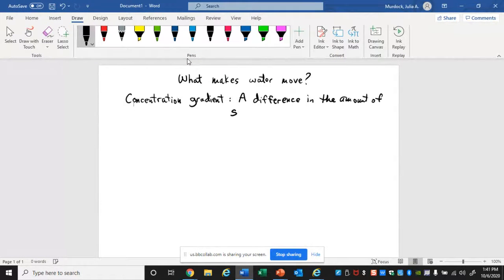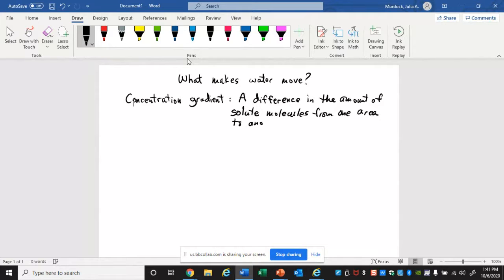And if you need to know, solutes are the stuff that you dissolve in something else, right? And the solvent is almost always going to be water, so we're going to assume that. Of solute molecules from one area to another.